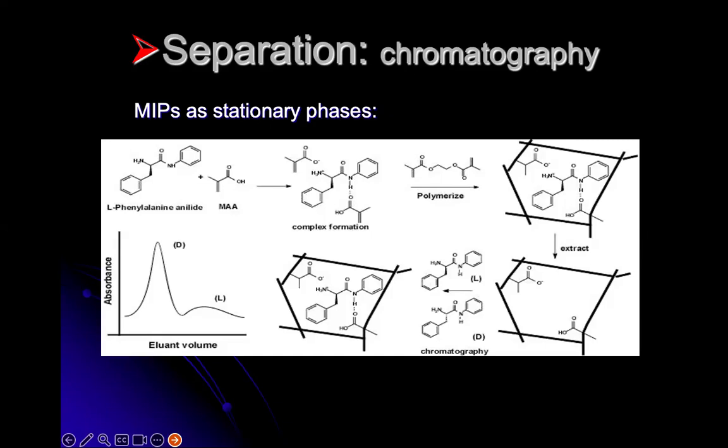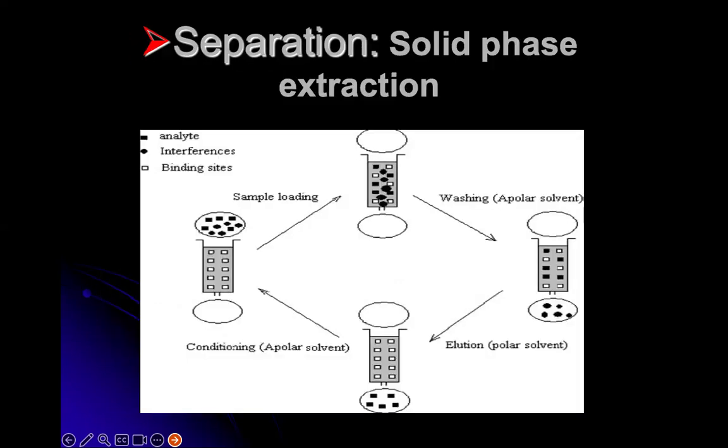Okay, if you want to separate specific molecules, this imprinted polymer can be the column packing material. Yeah, right. Okay, this is how it looks like. You can put the imprinted polymer in a column, okay? And remember the video that I sent you last week, okay? So those are examples, yeah?